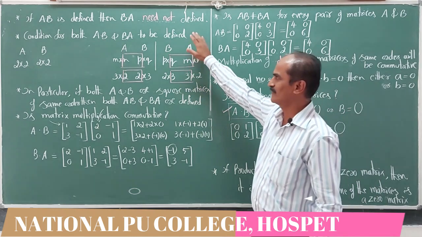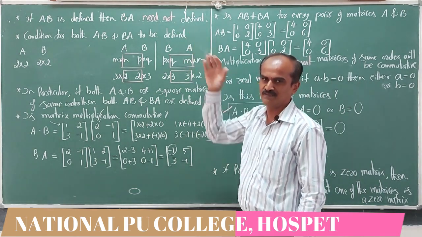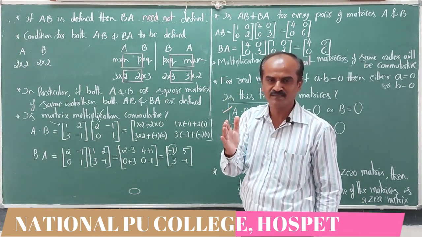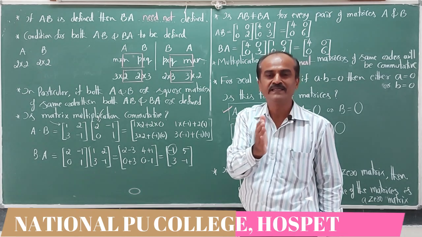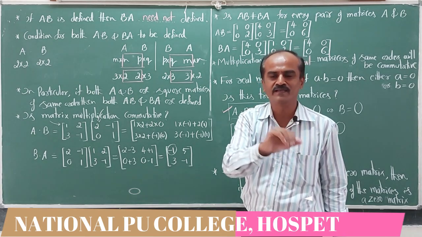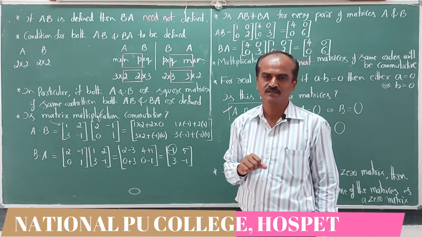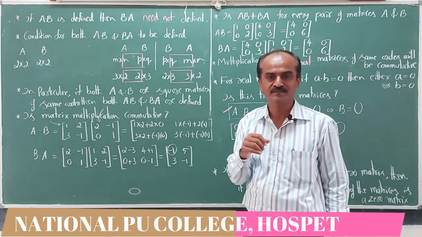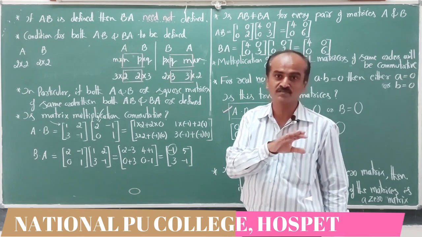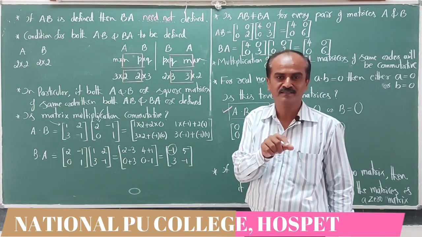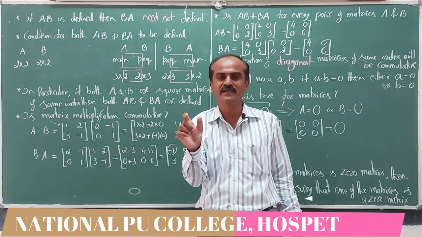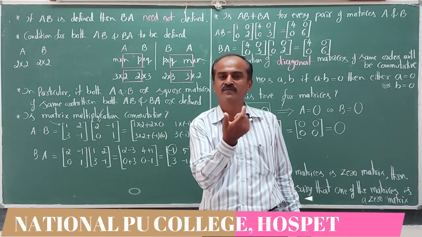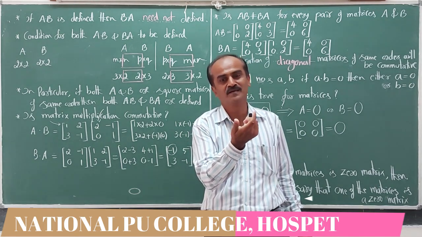Okay. First what we said: if AB is defined, then BA need not be defined, no guarantee. When can we say that when AB is defined, BA is also defined? It is guaranteed if A is a matrix of order m by n, then B must be of order n by m.